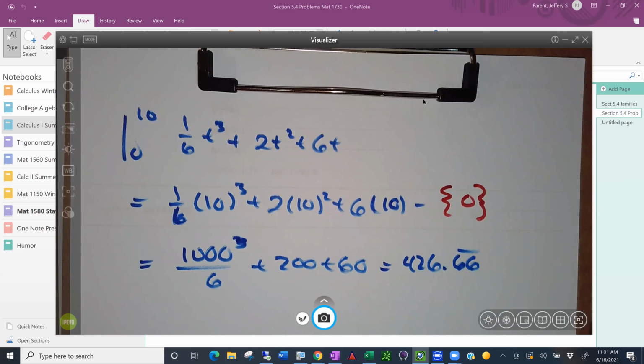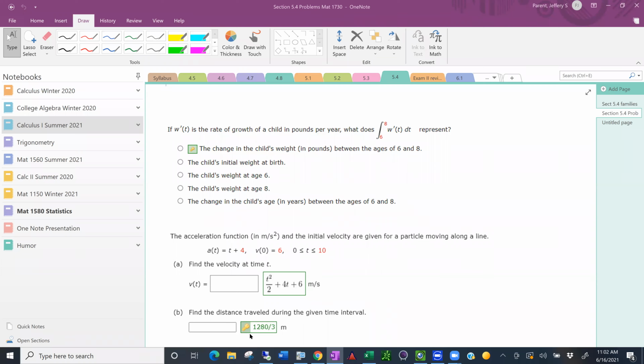So for a second, I was getting a little nervous because I remembered seeing the answer had a 1280 in it, but I didn't notice it was divided by 3. So it does work out to be our answer. I should probably be conscientious enough to include the units. They're included for you in WebAssign, but let me include them here. Units would be meters.